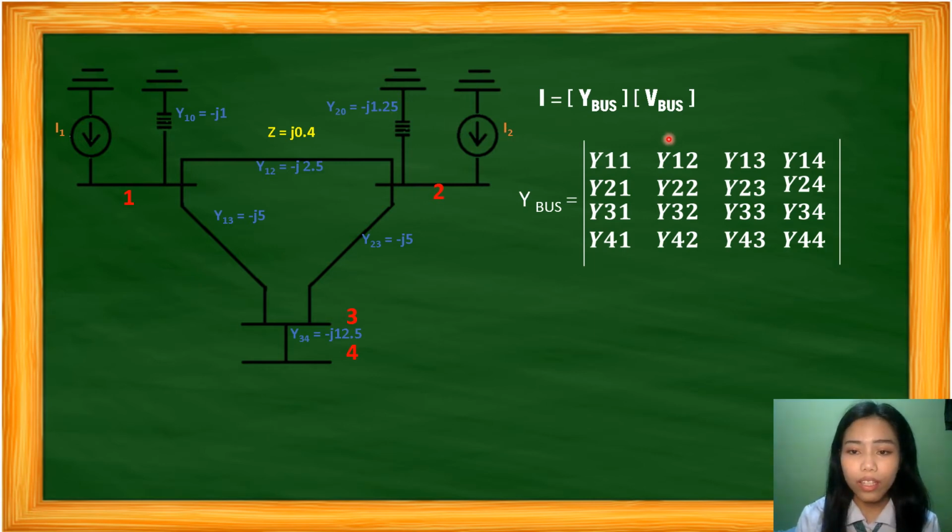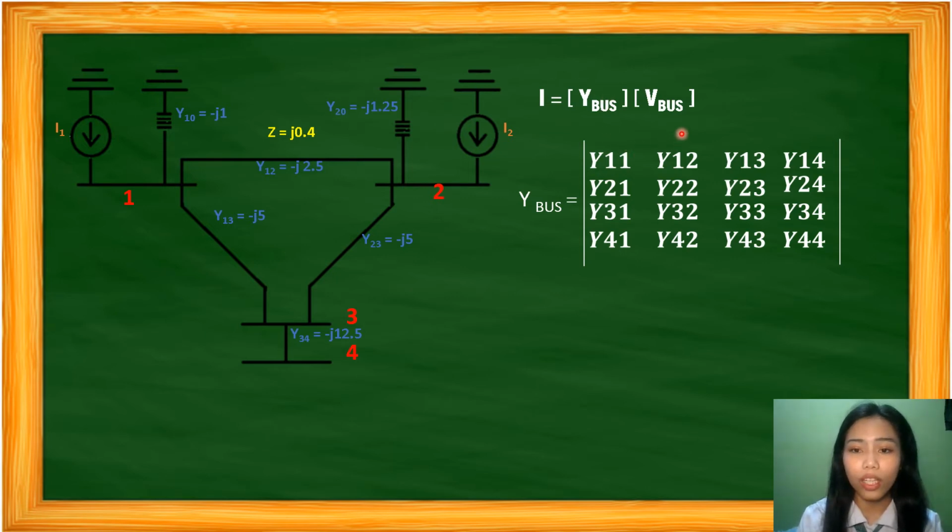And the rest, y12, y13, y14, y21, y23, y24, y31, y32, y34, y41, y42, y43, are the negative of the admittances that span from one bus to another bus.